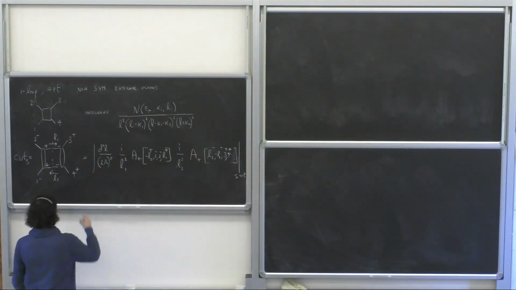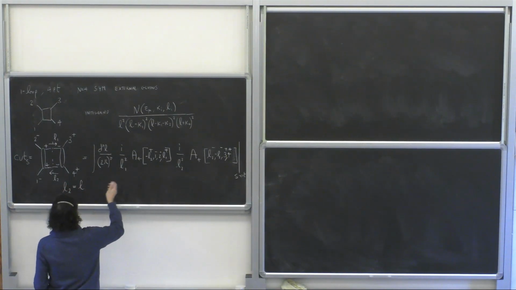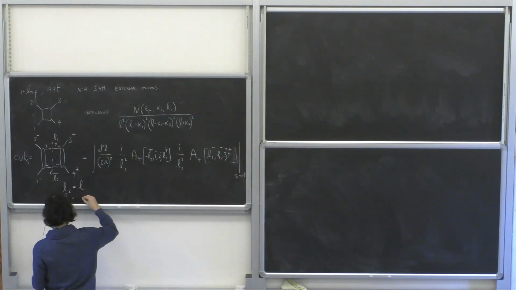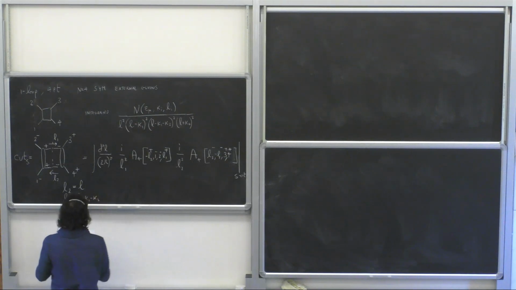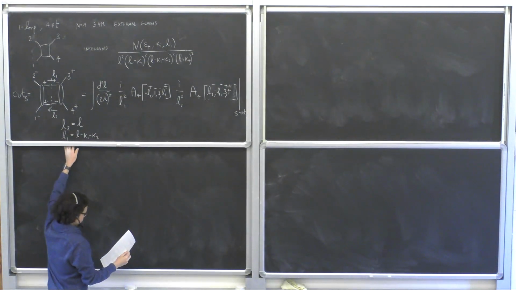Very good, and let me just say for completeness here that the integration is going to be over, say, L2, and then L1 in this particular case is L minus K1 minus K2. So that's the relation between the labels there and the integration momentum.